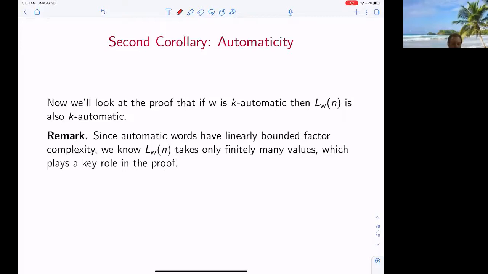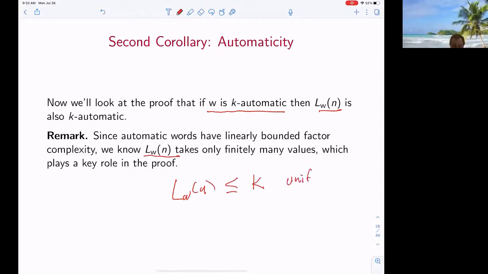So we're going to look at the proof that when W is k-automatic, then LW is also k-automatic. And the relevant remark here is that we know LWN is less than or equal to this quantity kappa. So it's uniformly bounded, because automatic words have linear factor complexity.